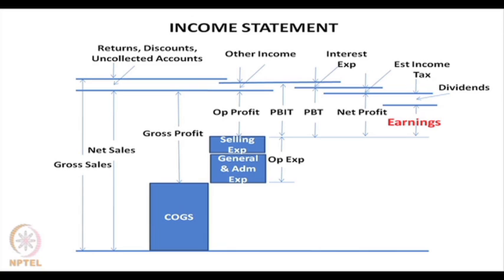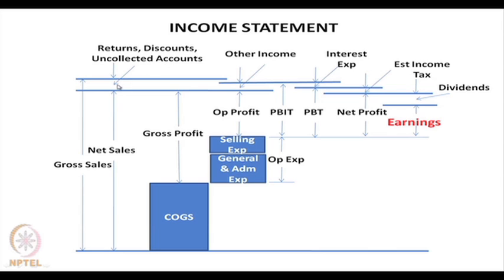Now, I have shown the income statement in a graphical manner. Let us say that this is the datum line and that the gross sales, after selling the goods to the customers, is the revenue. But from the gross sales a certain amount will be returned as bad quality products or defects, or the company may give certain discounts, or there are uncollected accounts or bad debts.